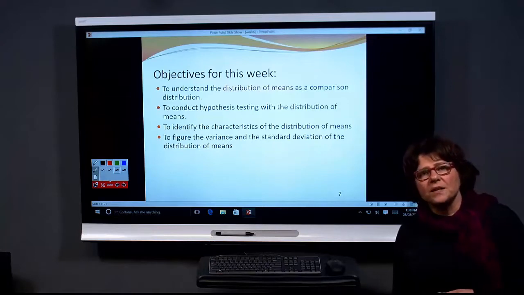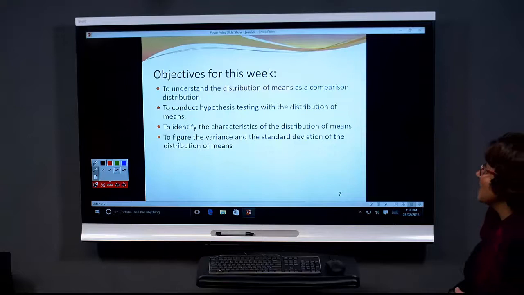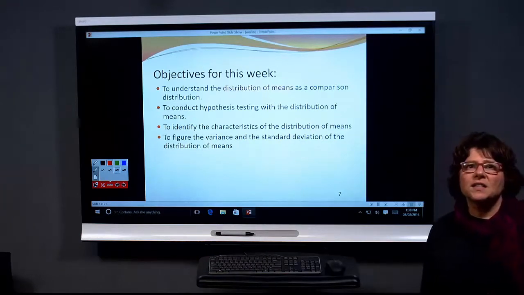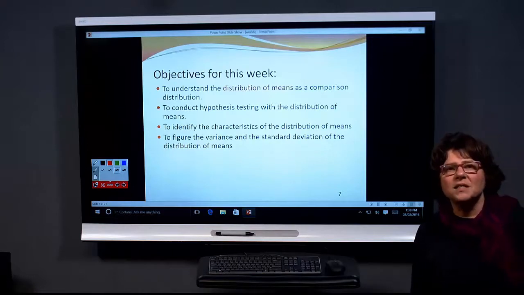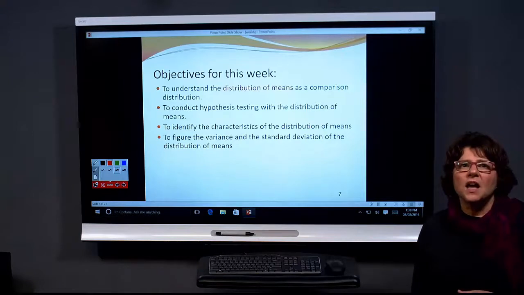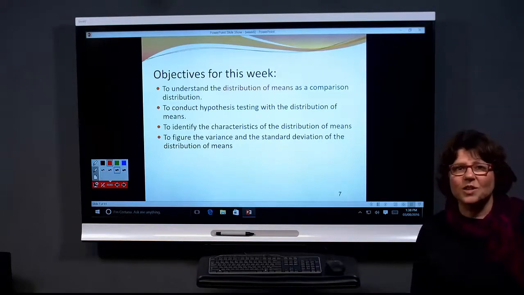So the objectives for this week are to understand the distribution of means as a comparison distribution, to conduct hypothesis testing with the distribution of means, to identify the characteristics of the distribution of means, and to figure the variance and standard deviation of the distribution of means.